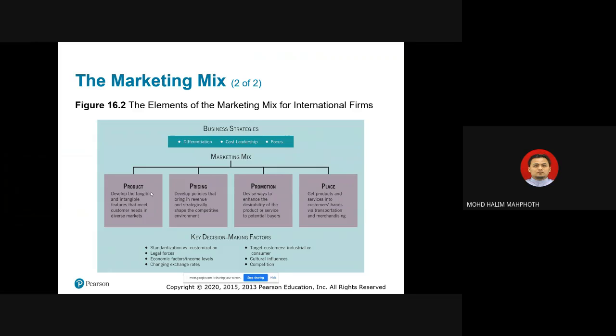For example, food products, like what you have in your own country. We have Mamee, which offers instant noodles with a range of flavors.